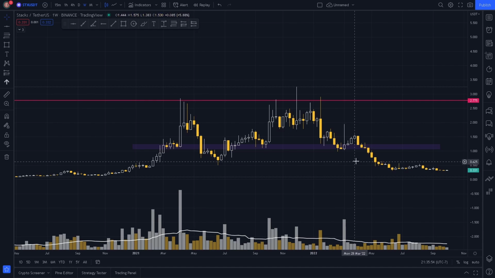The zone gives us more of an idea of the general area where we want to see price react. As you can see here, here, here, and here are all areas where price reacted before momentum carried through.